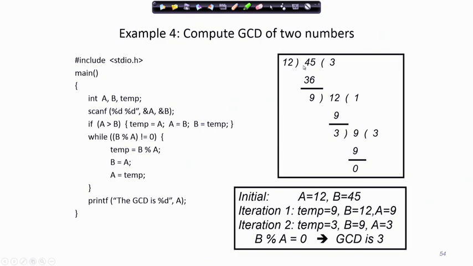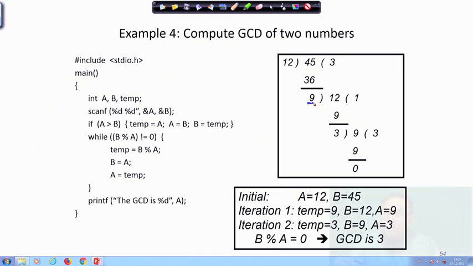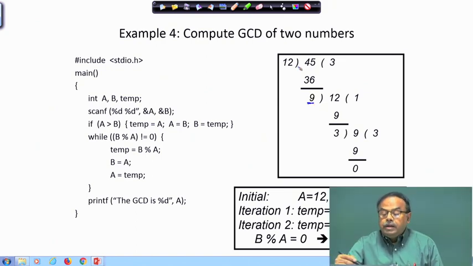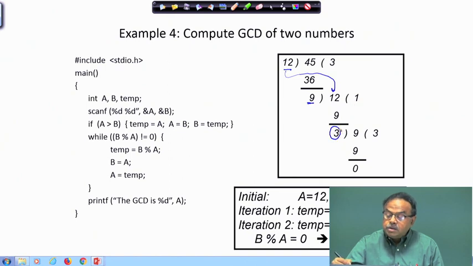What I do is I divide the bigger number with the smaller number and get a remainder. You see, remainders are becoming so important. If the remainder is not 0, I divide now the smaller number with the remainder, and then I get again a remainder which is non-zero.